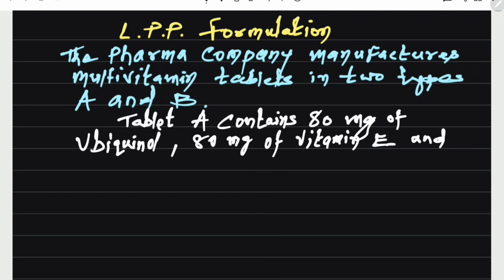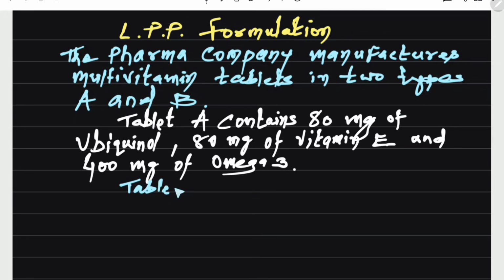And third one, 400 milligram of omega 3. Therefore, A contains three types of contents: ubiquinol, vitamin E, and omega 3.